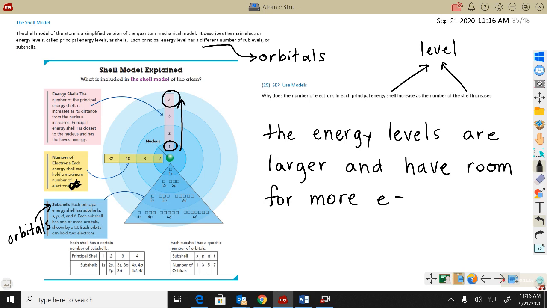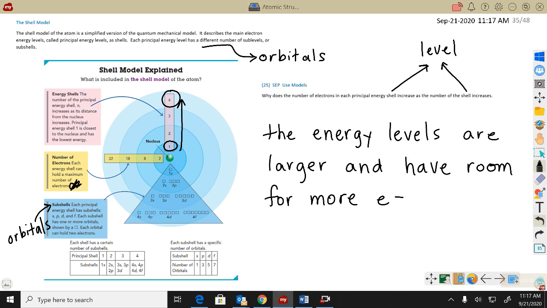Each subshell has one or more orbitals shown by a box. When they give you these pictures that have this SPDF stuff, where right now you're wondering what is going on, every box represents a specific orbital.